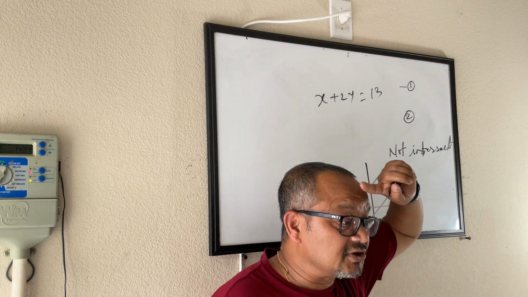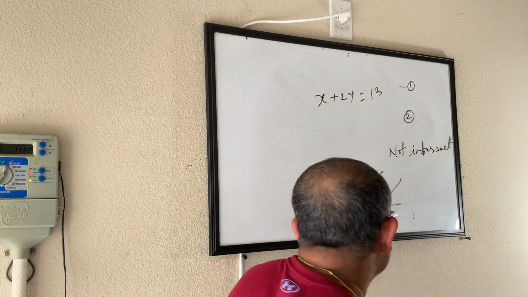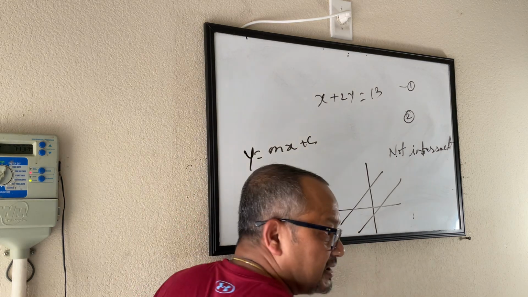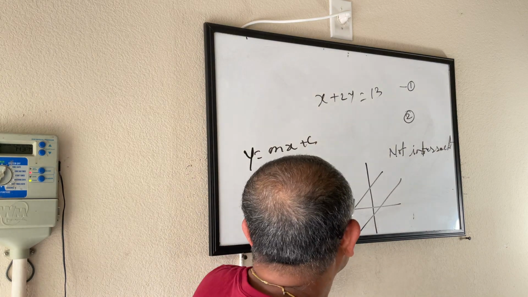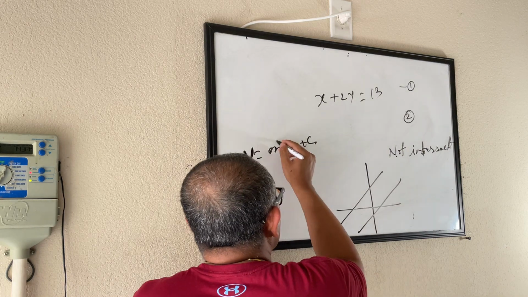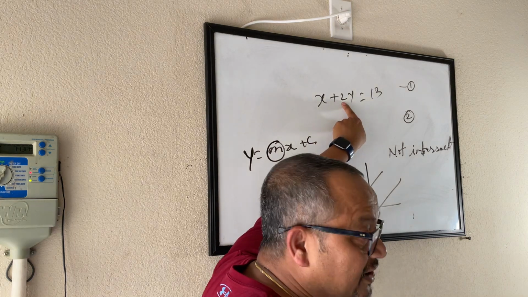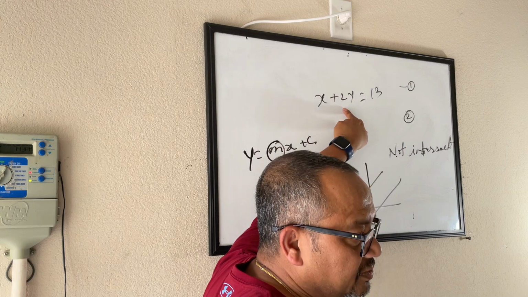As soon as you talk about slope, the first form of the equation that comes to your mind is the slope intercept form of the same linear equation. This is the slope. So what you want to do is find out the slope of this line and cook up another line which will have the same slope.